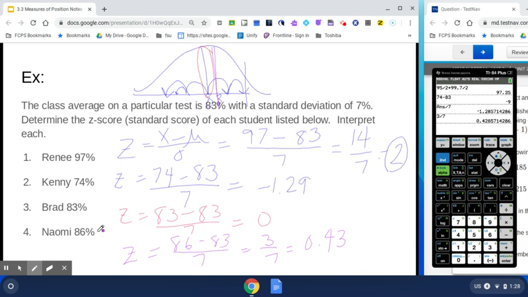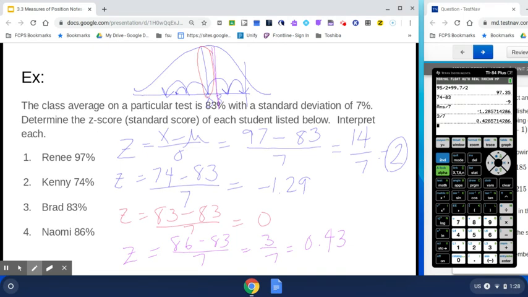Okay, a lot of times with z-scores, you are going to be asked to pick out the data value, the z-score, that is in the better relative position. So if we're talking about test scores, the better relative position is the higher test score and therefore the largest z-value.